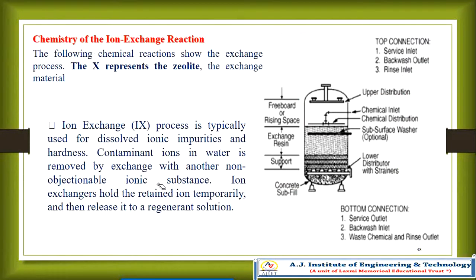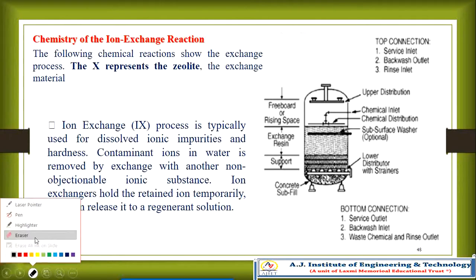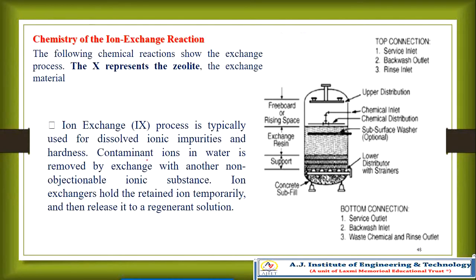Now the processes behind it. The ion exchange process is typically used for dissolved ionic impurities and hardness. Contaminant ions in the water are removed by exchange with other non-objectionable ionic substances. How?